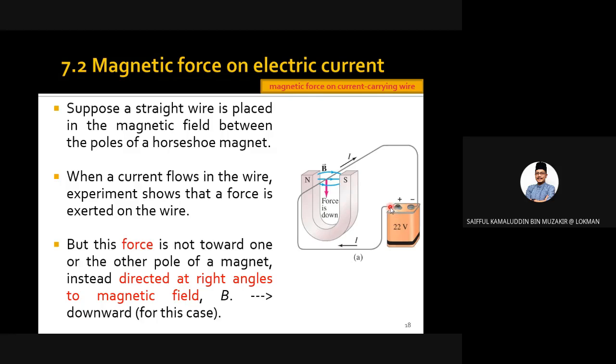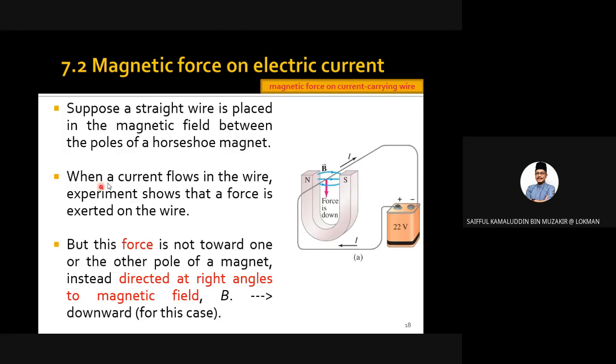So the direction of the electrical current will be from the positive terminal of the battery towards the negative terminal of the battery, and of course, they will follow the routes of the external circuit. So this is the direction of electrical current. It is opposing the direction of the movement of the mobile electrons. I hope you still remember this.